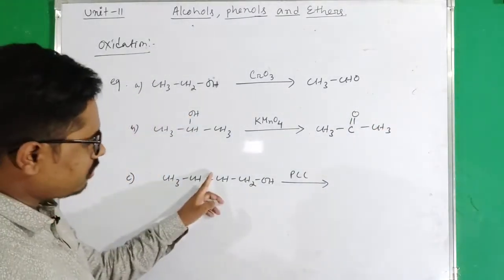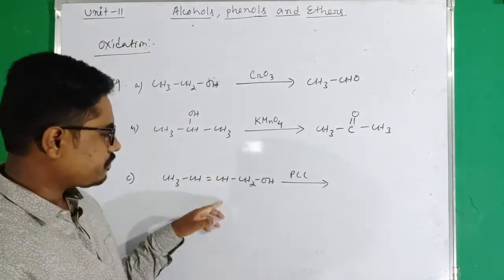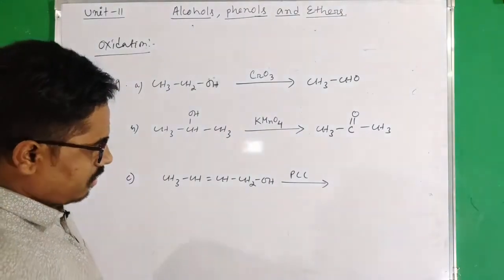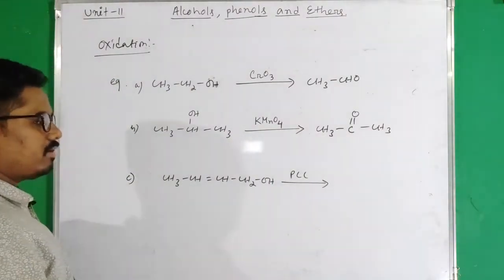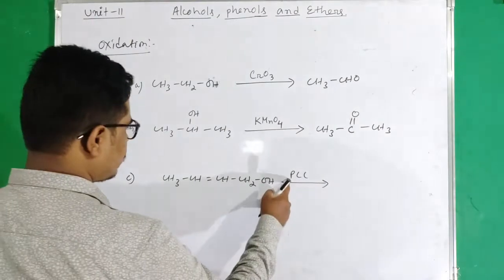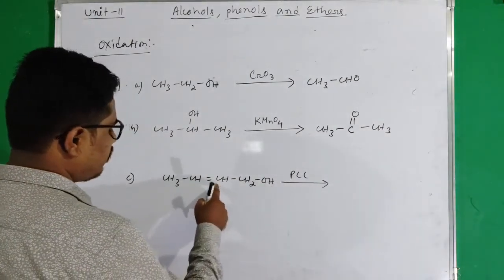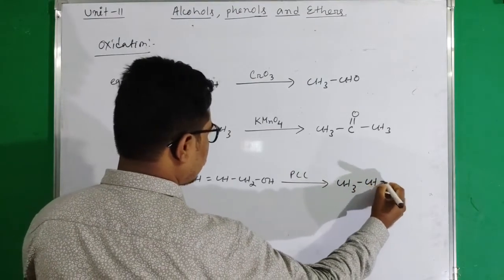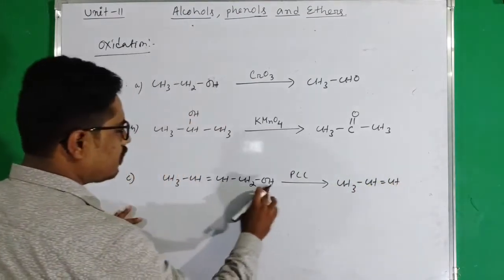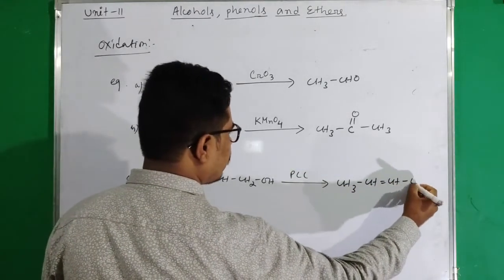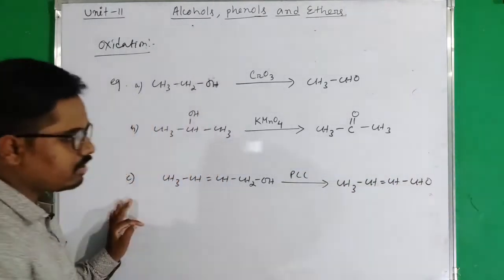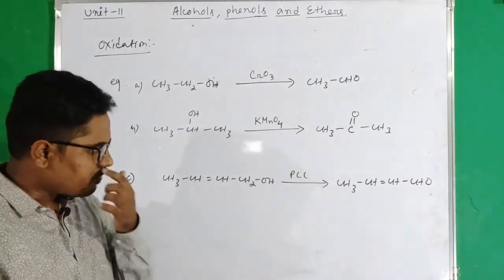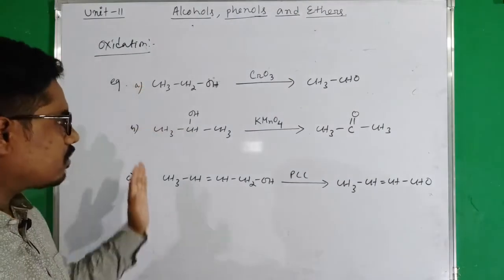And in this case I already told you that PCC, that means pyridinium chlorochromate, is an example of selective oxidizing agent, and it will not oxidize the carbon-carbon double bond. It will oxidize only the primary alcoholic group, and the primary alcoholic group will be converted into aldehyde. So these are the products which are formed during oxidation of these alcohols.